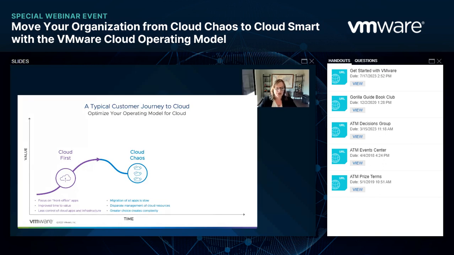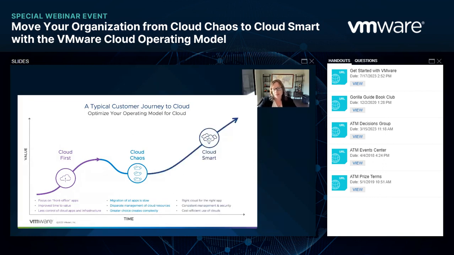The greater choice that was available, each additional cloud added to a customer's environment added additional complexity. So the early benefits of cloud, lower costs and faster time to value, ended up not coming to fruition the more cloud environments a customer added.